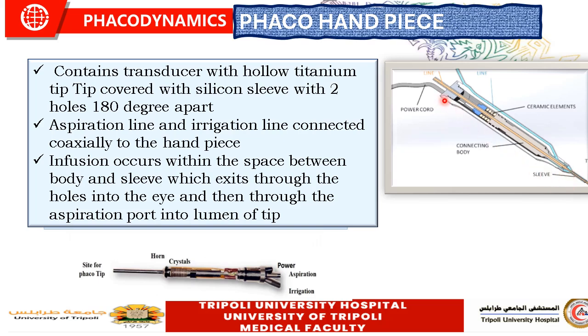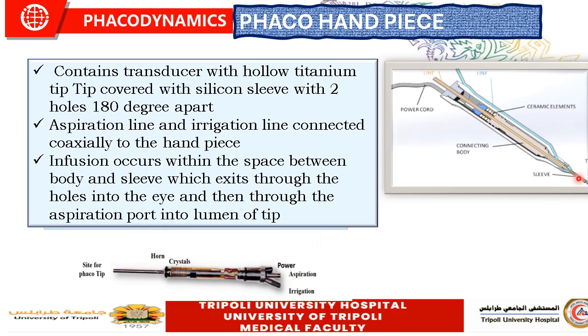Also, the Phaco handpiece is connected by the irrigation line and the aspiration line. The irrigation line carries the irrigating fluid that passes coaxial with the shaft of the Phaco handpiece, through a space between the Phaco needle and the Phaco sleeve, and through two openings in the Phaco sleeve 180 degrees apart.